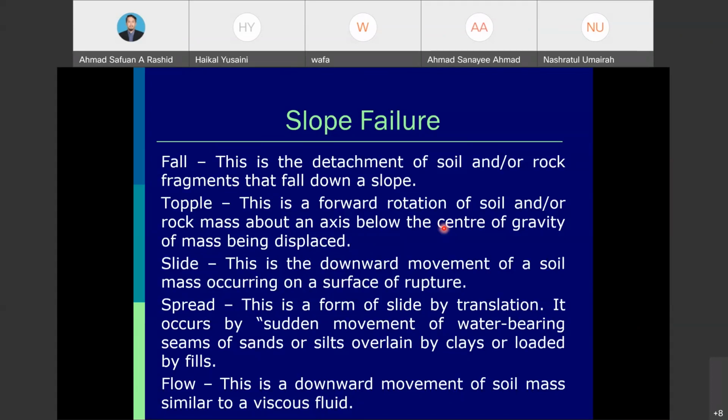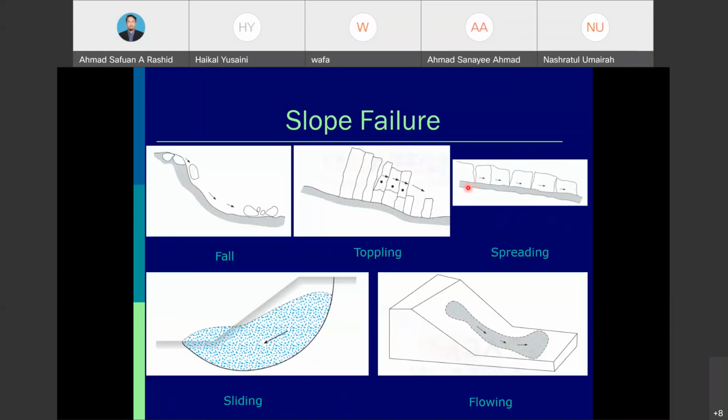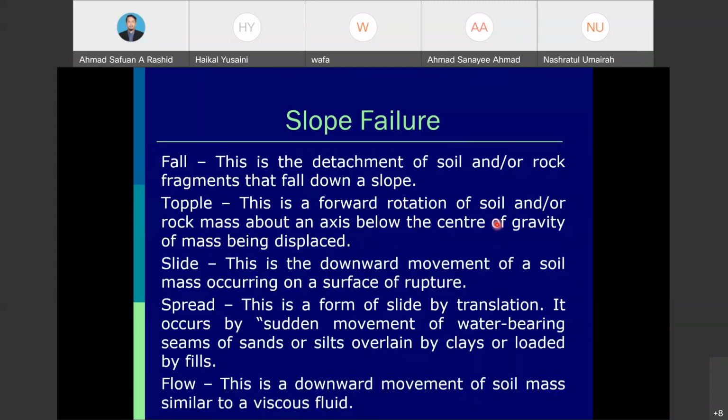So the spread is the form of a slide by translation, because when we look on the figure, we found that there are weak formations here. So due to these weak formations, they have a potential for this spread to happen.